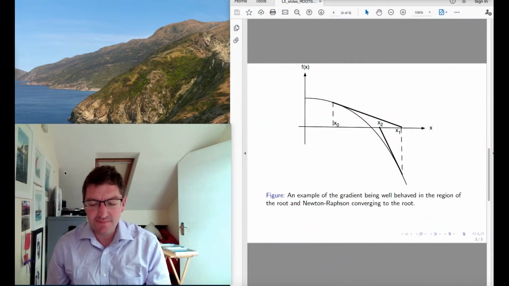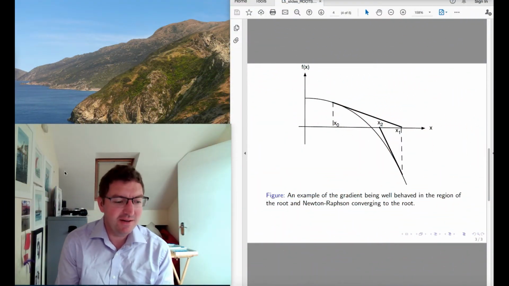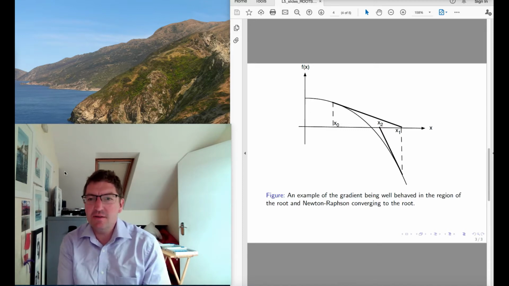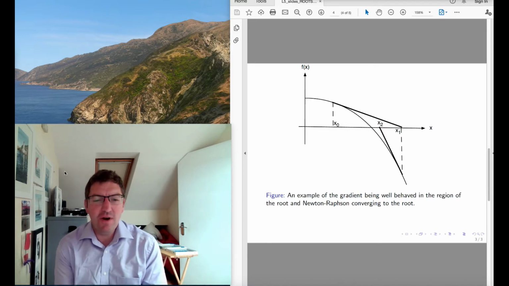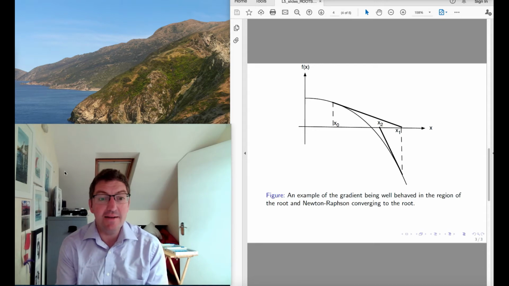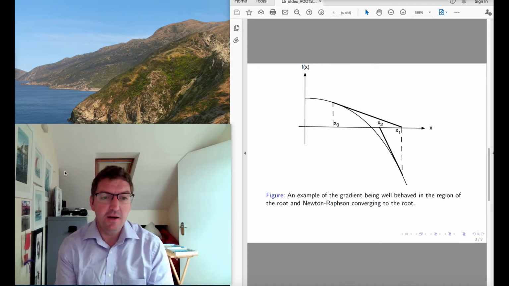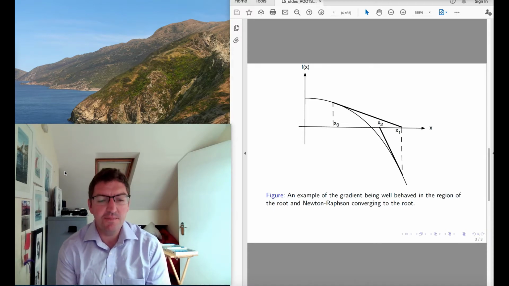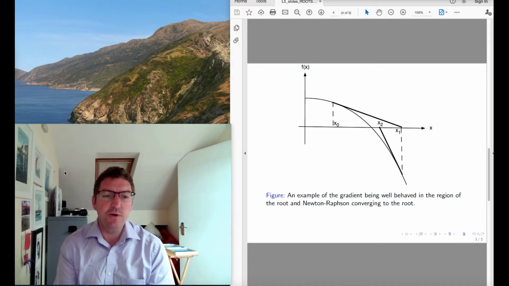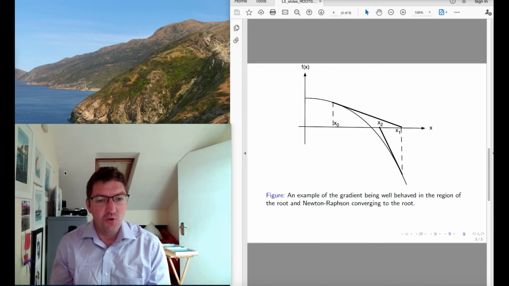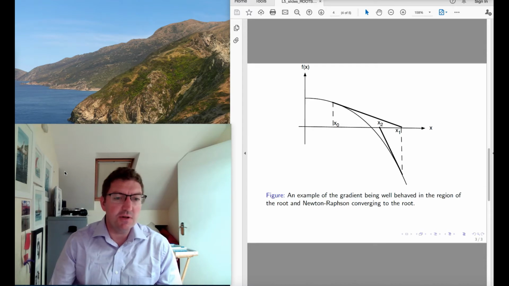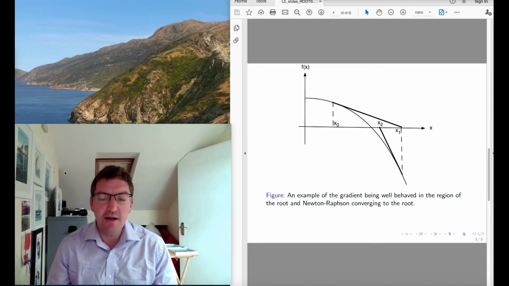Okay, hello again. So we're continuing with understanding Newton-Raphson in a new way and understanding its convergence rate. The great new result we derived last time used Taylor series, in particular the Lagrange remainder form, which is very powerful and used in a lot of proofs.